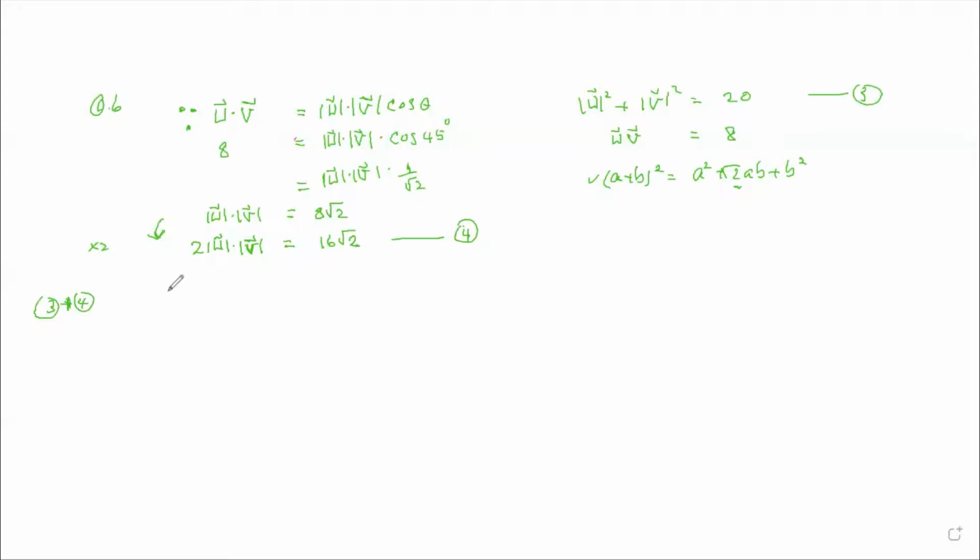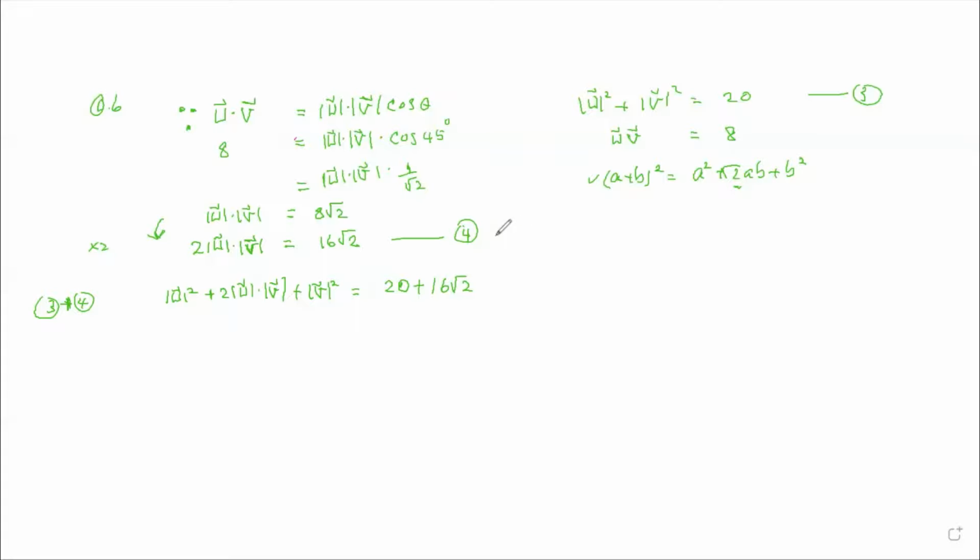I just rearrange it the same as the formula: the length of u power 2, plus 2 times the length of u times the length of v, plus the length of v power 2. Then on the right side I have 20 plus 16 square root 2.